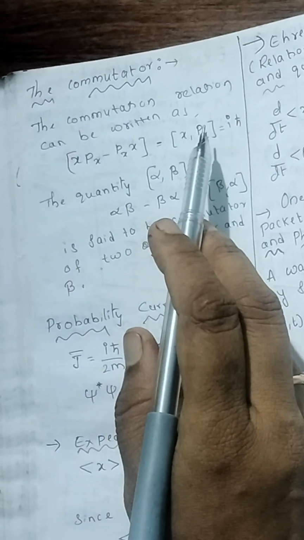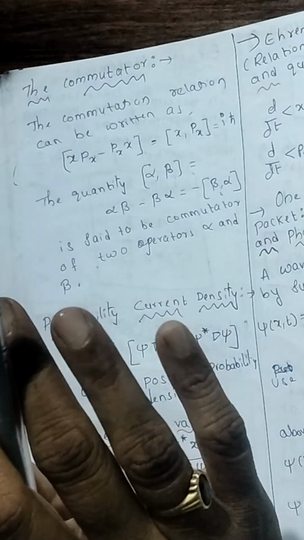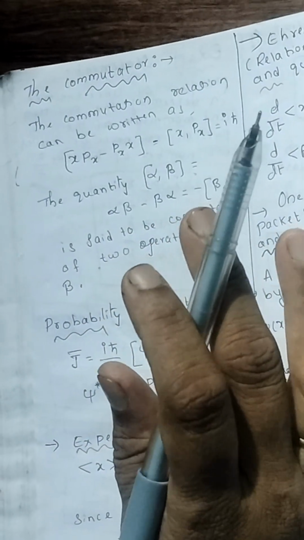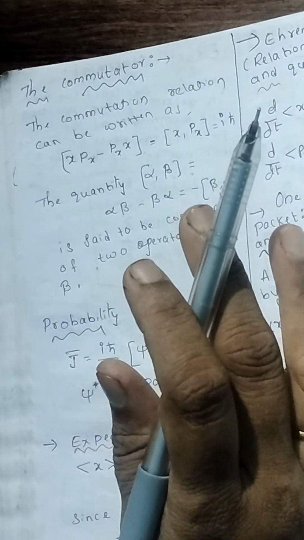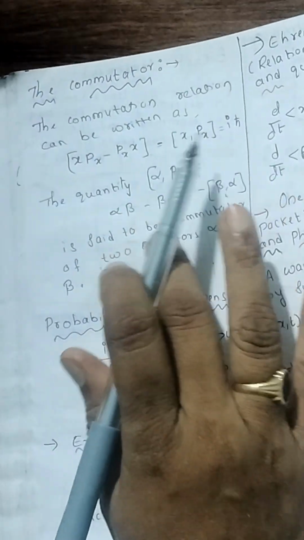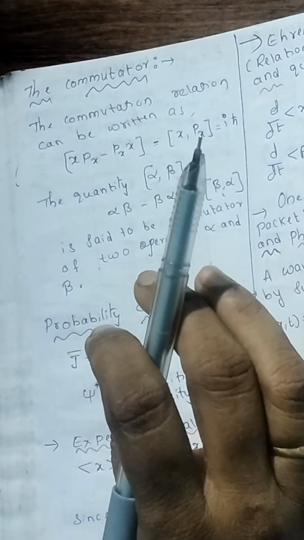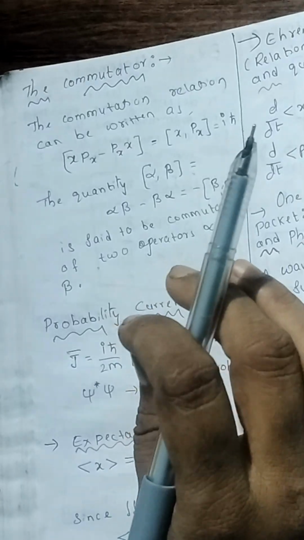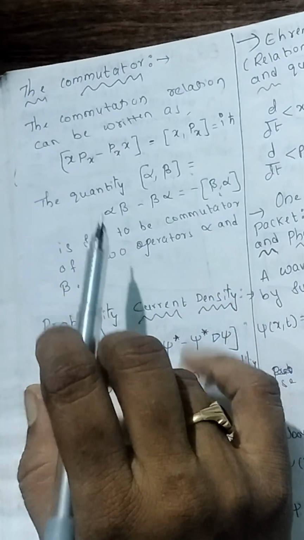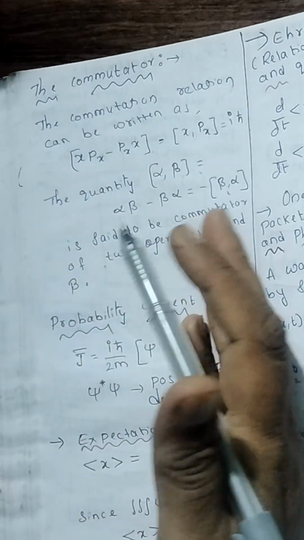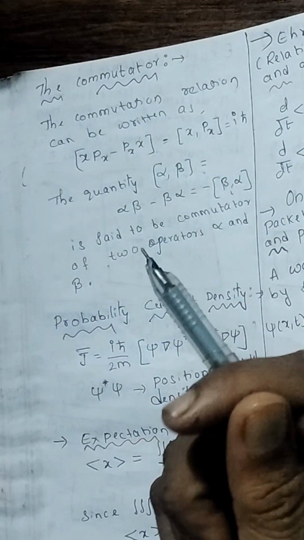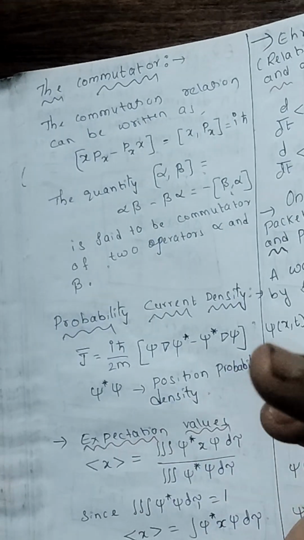If they have a non-zero result, then they do not commute. Now this particular commutator is a fundamental principle of quantum mechanics, which led to the famous Heisenberg uncertainty principle.